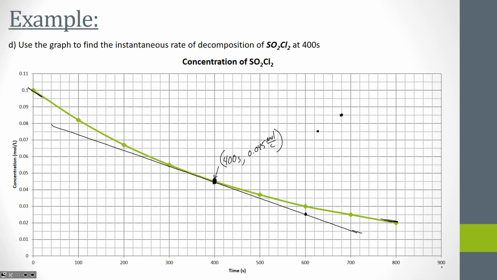Now, your graph and your line might be different, and the slope of your tangent line is going to be different because we're just drawing these by hand. And again, that's where calculus would come in. So this point right here is at 600 seconds.